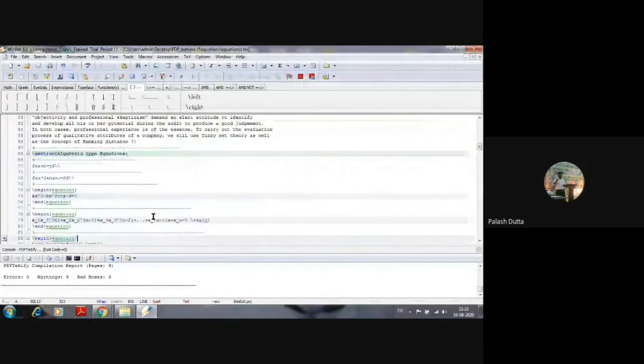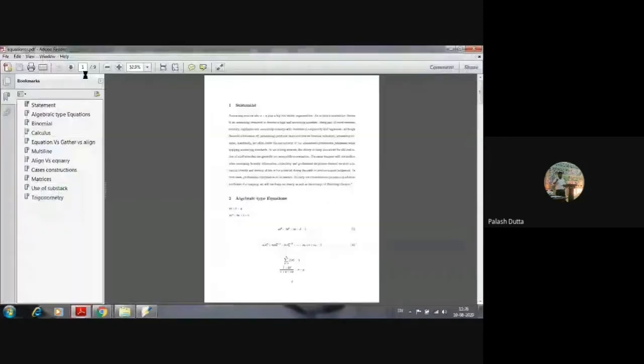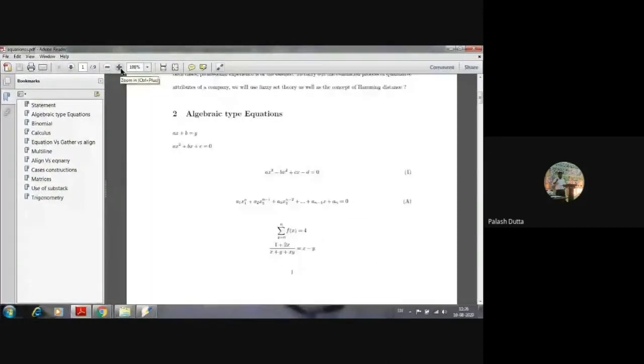Here you see, we are going to write ax plus b equal to say y, right? Yeah, you can see here this is the expression ax plus b equal to y, and it is left justified.